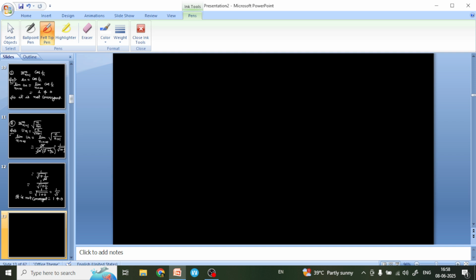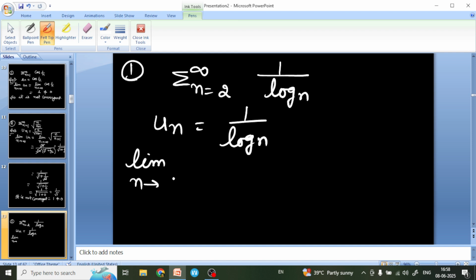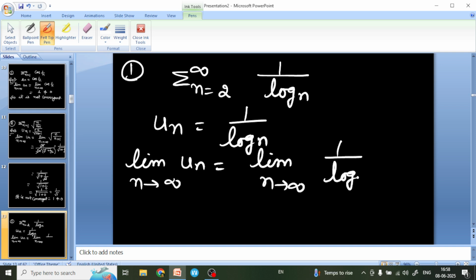Now next topic, tests for the convergence of infinite series. You can take one more example for testing. Sigma n equal to 2 to infinity, 1 by log n. First of all, write u_n is equal to 1 over log n. Then take limit n tends to infinity of 1 over log n.